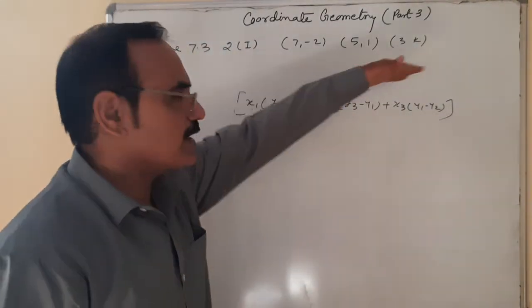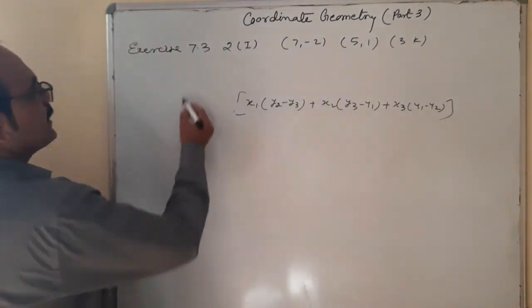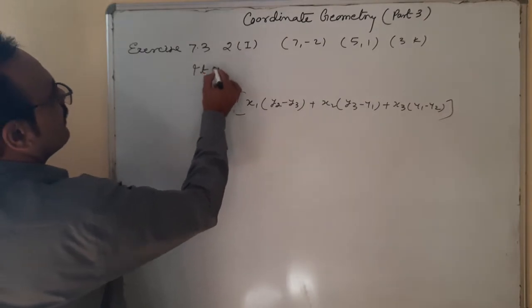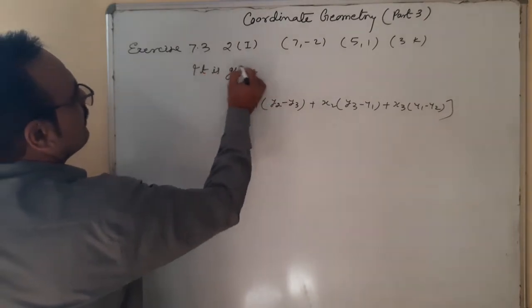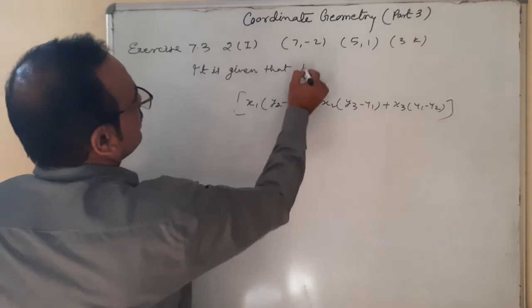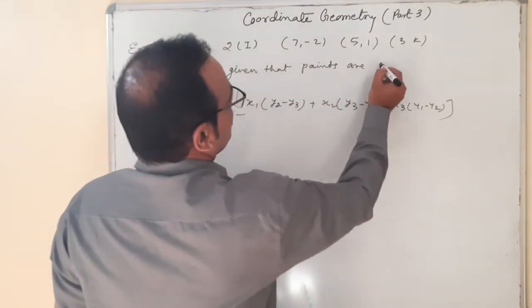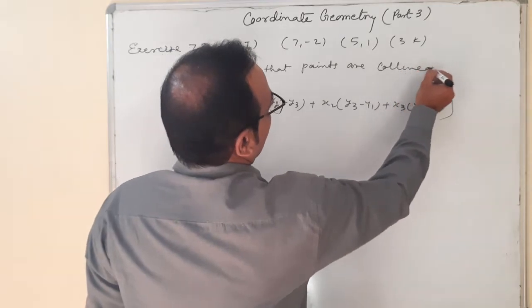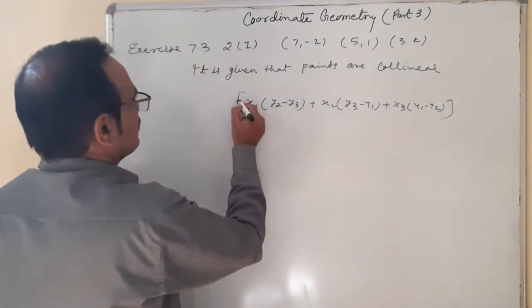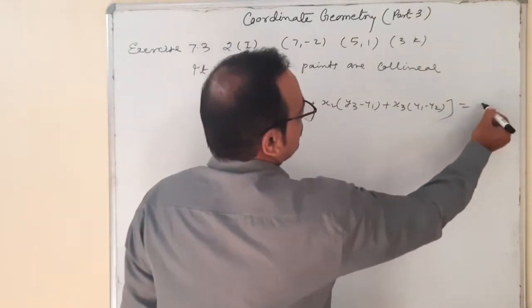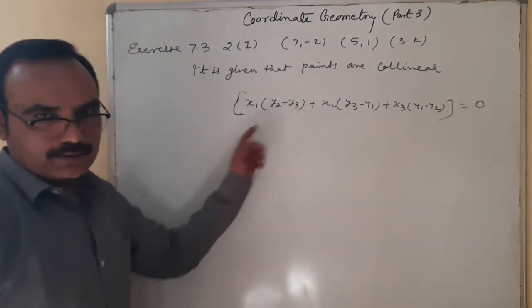And condition is given the points are collinear. I told you if the points are collinear, that means area of triangle is 0. What does it mean? Area of triangle is equal to 0. This is the condition.